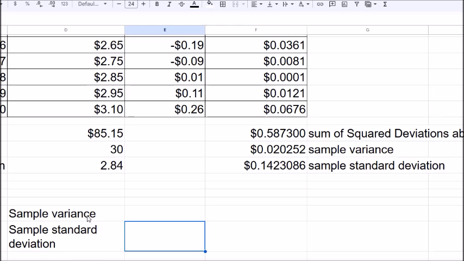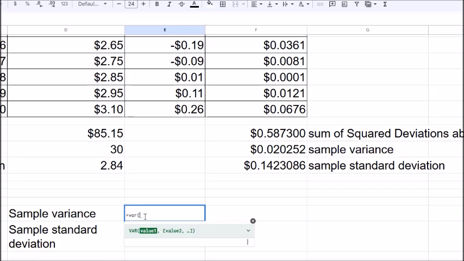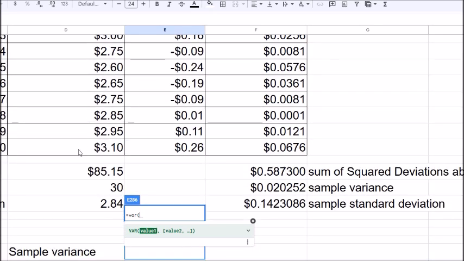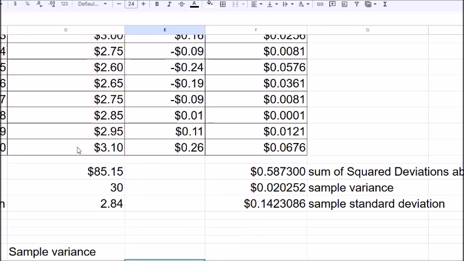And if we just want to calculate the sample variance using the Google Sheets functions, we just do equal VAR, and then we need to specify the range of the data. In this case, the data is located in cells D248 to D277.